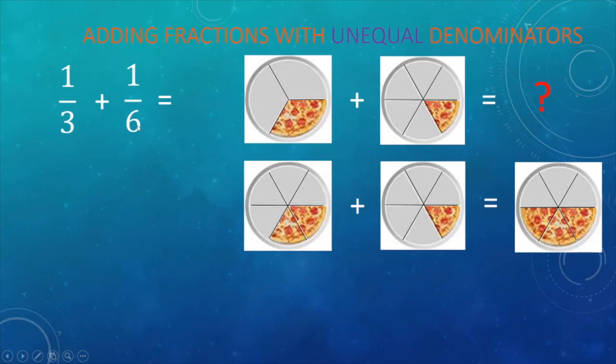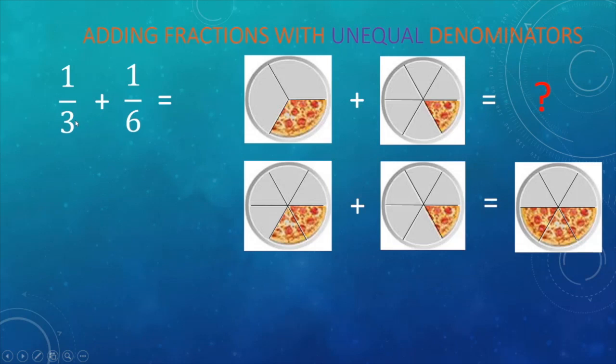Mathematically, to make denominators the same, we need to change our fraction to an equivalent fraction with the same denominator. So if the first fraction has denominator 3, to make 6, we can multiply 3 times 2.